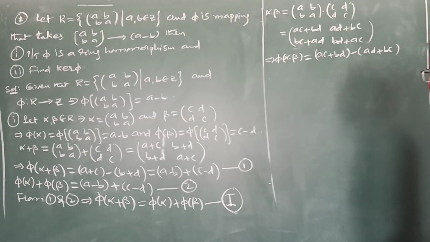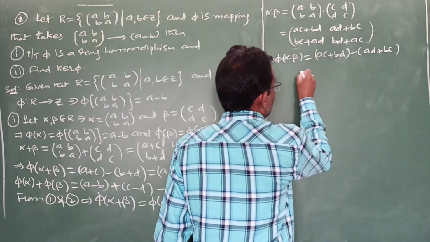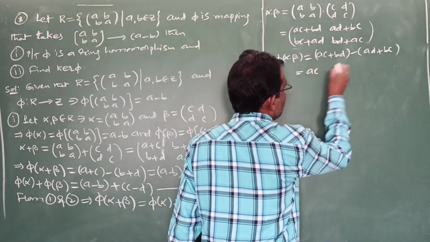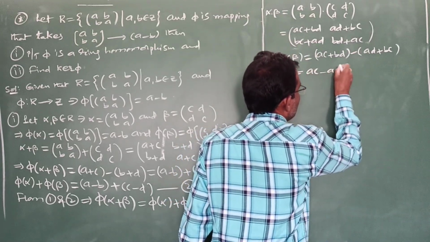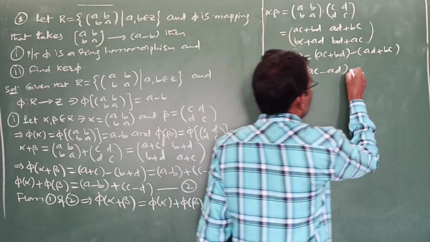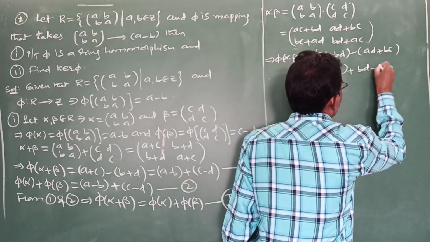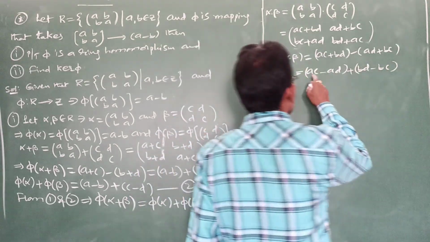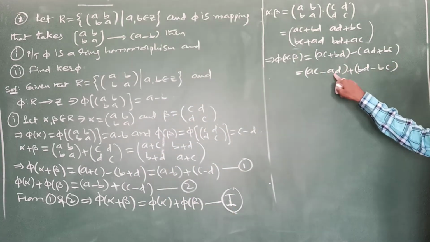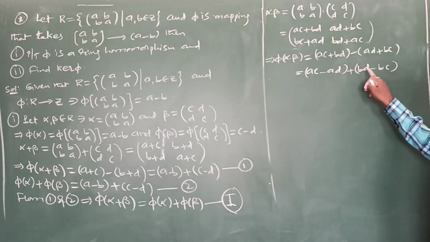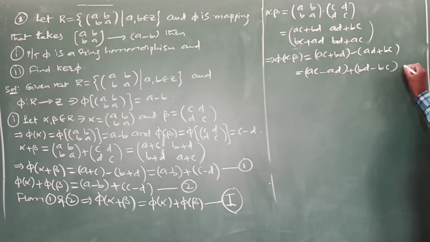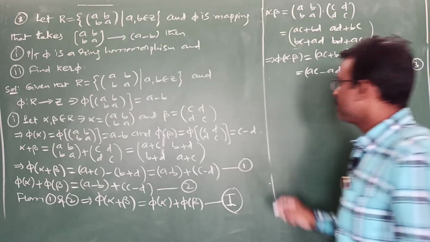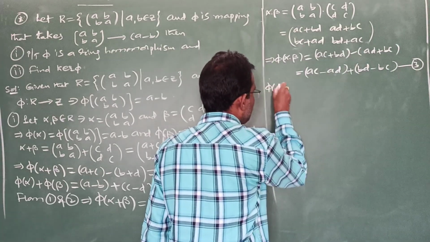For clarity, we write this as AC minus AD, this is one result, plus BD minus BC. Let this be number 3 in our approach. Now separately find phi of alpha into phi of beta.